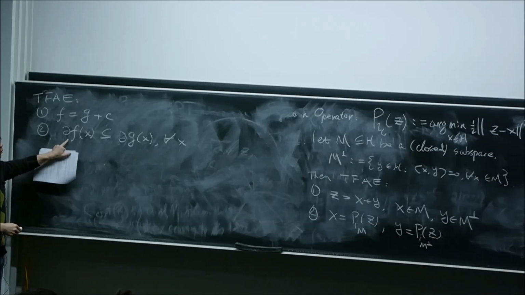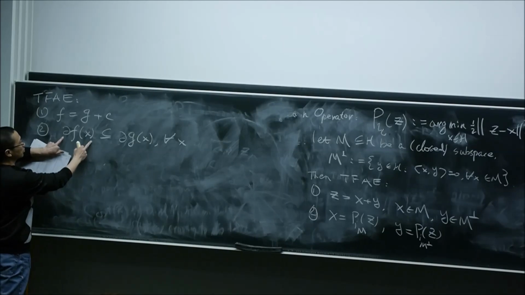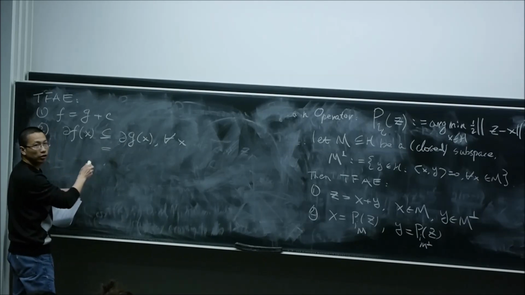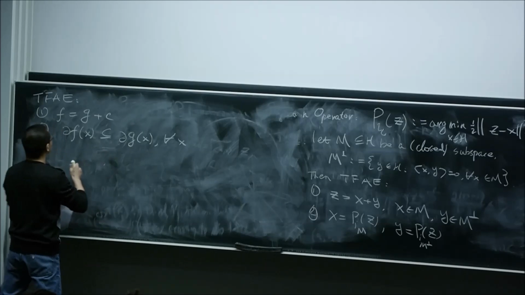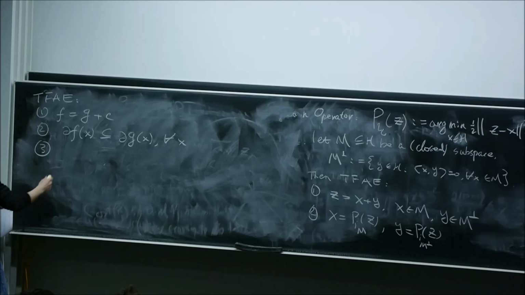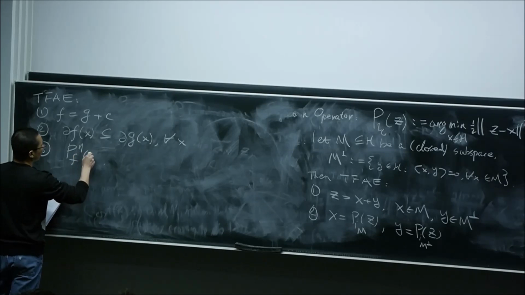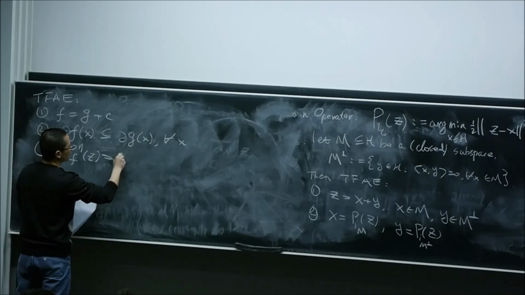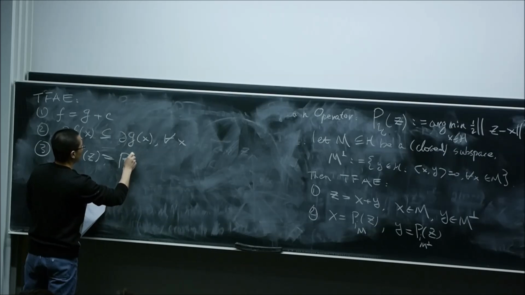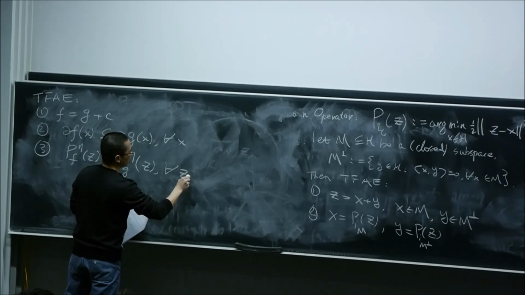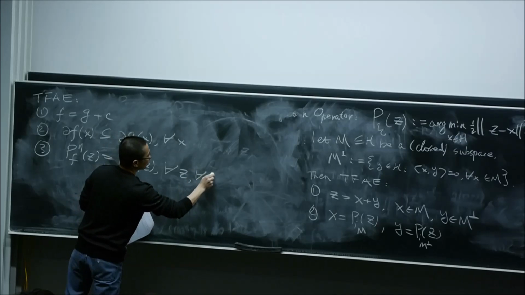Here we actually get a looser condition. We only need the subdifferential to be a subset of that, but this actually implies you have equality. The third thing is the proximal map of f at any point is the proximal map of g at any point, for all z and all eta.